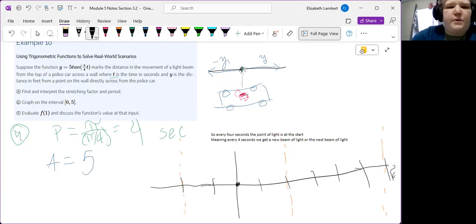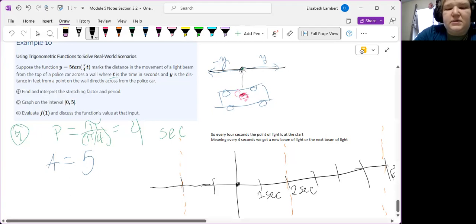Now from our 0 point, this is 2 seconds, and this is 1 second, and then 3, 4, 5.